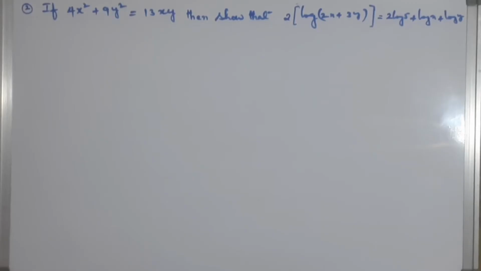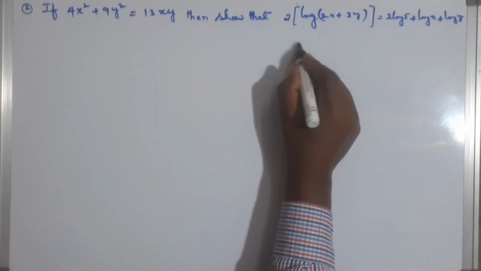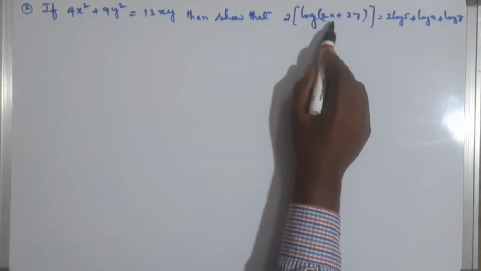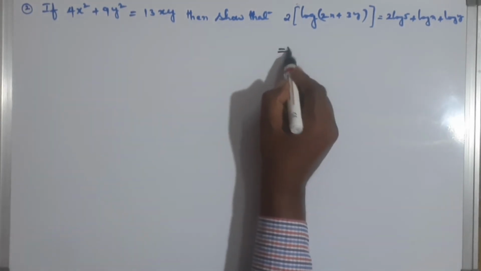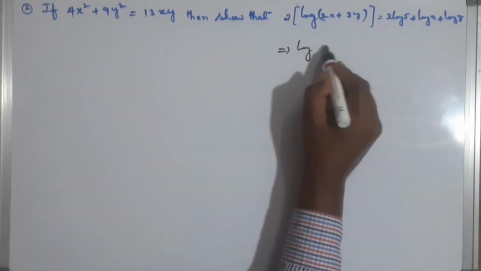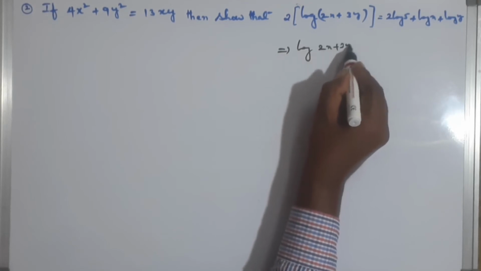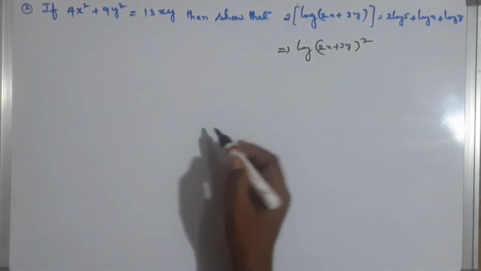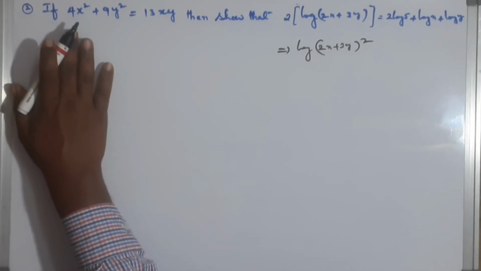The question is, if 4x square plus 9y square equals 13xy, then show that 2 of log (2x plus 3y) equals 2 log 5 plus log x plus log y. So if you see the LHS, 2 of log of (2x plus 3y), if you modify the next step for this, log of (2x plus 3y) whole square, meaning you need to make this as (a plus b) whole square.